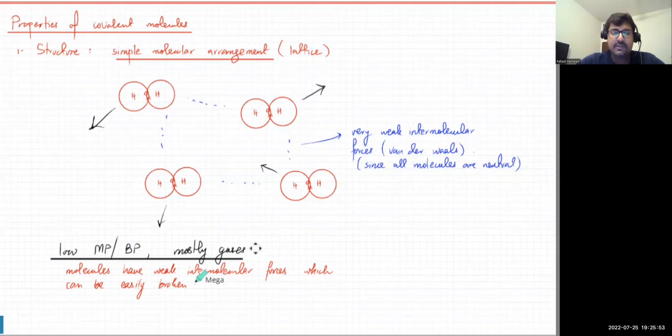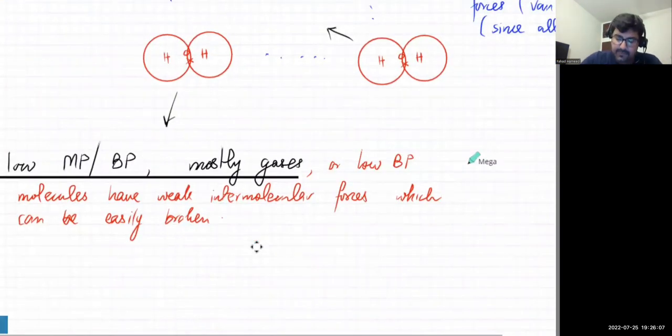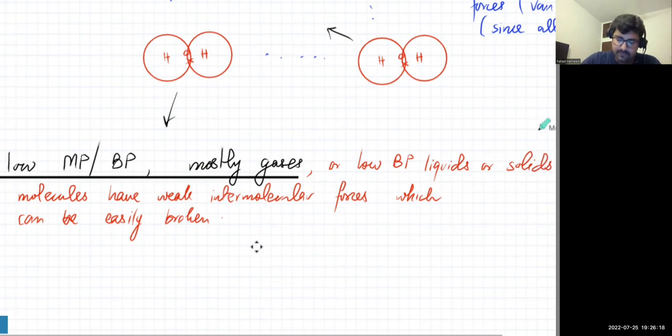So they're either mostly gases or they're low boiling point liquids or solids. BP means boiling point, okay? But most of them are still gases.